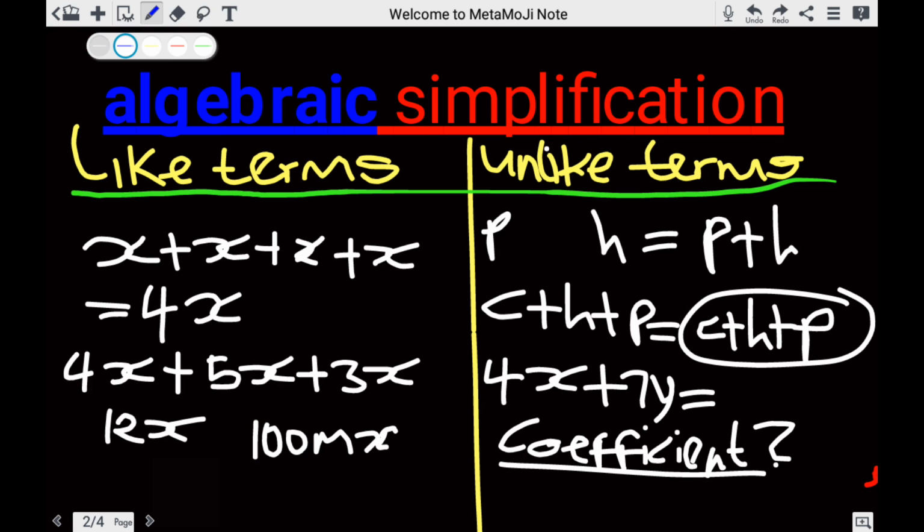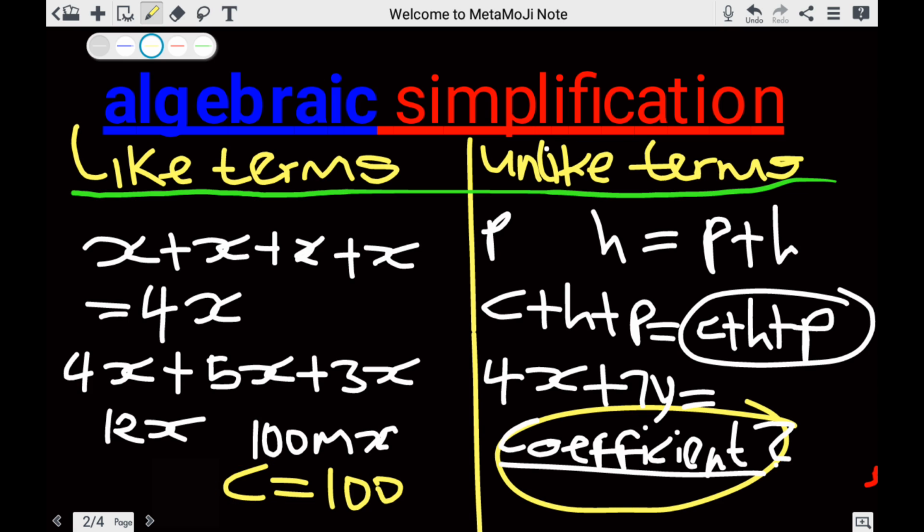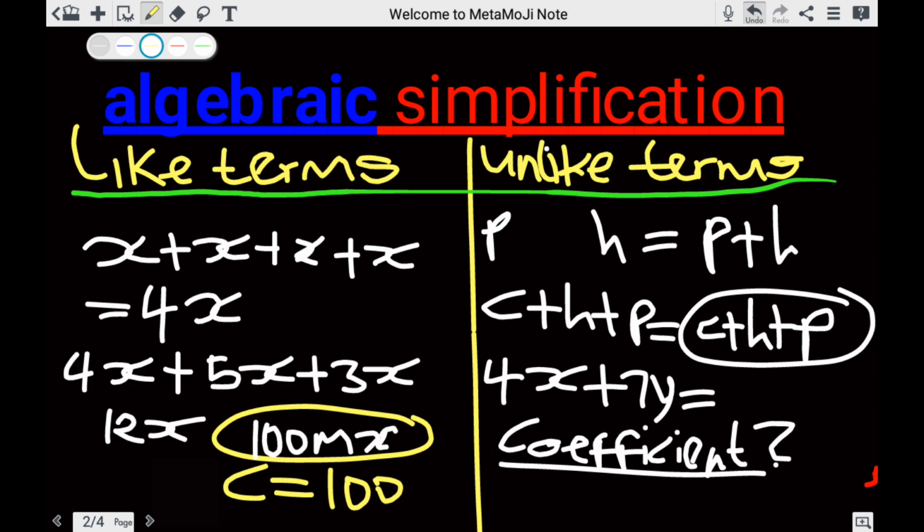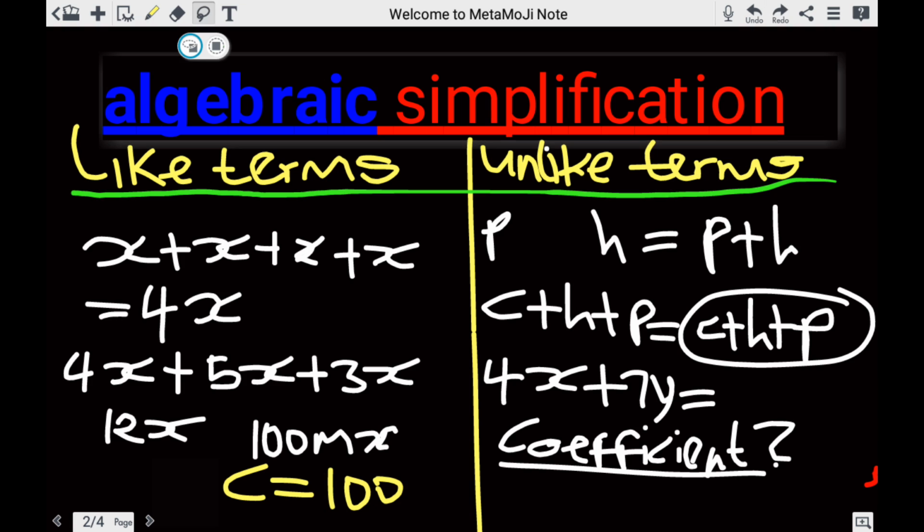So when you are asked where the coefficient is, simply the coefficient is equal to 100. I represent this C with coefficient here. So you know what coefficient is now. Coefficient of ms is 100. So don't forget this.